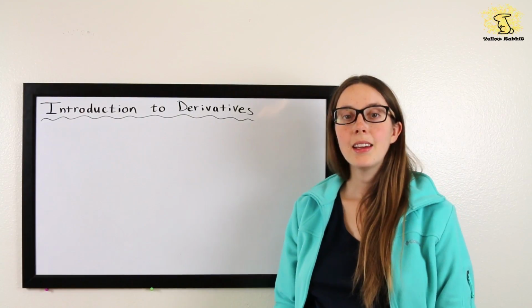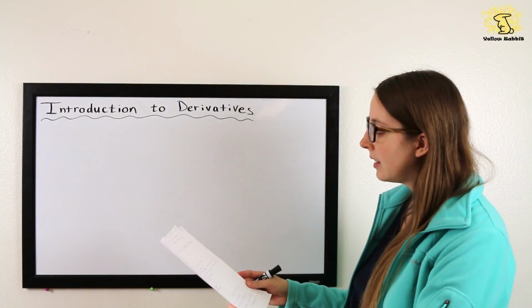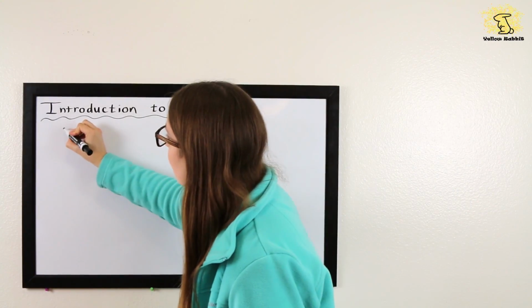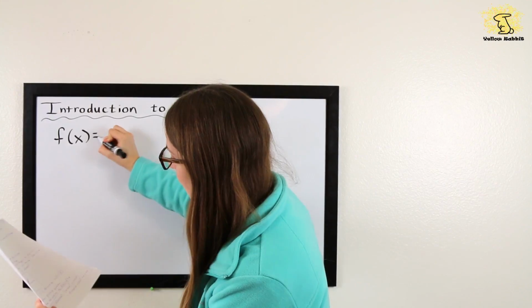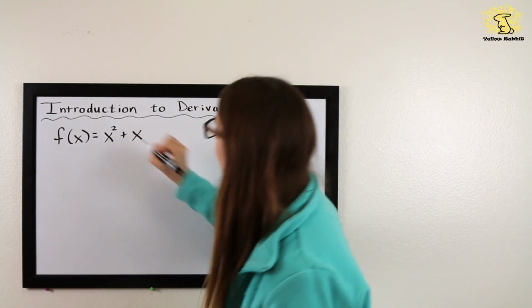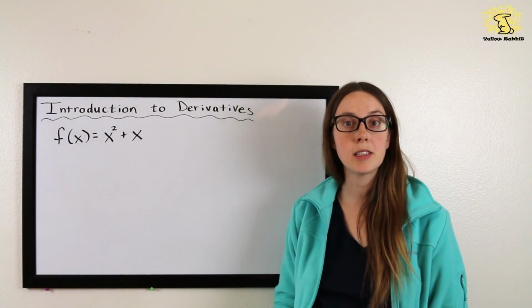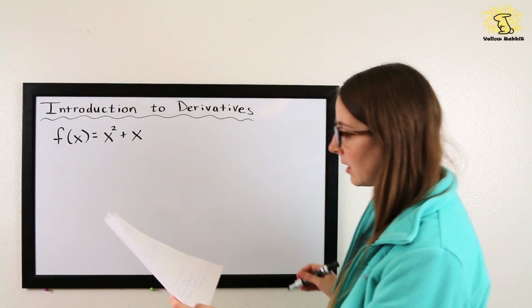Now let's do another practice problem to test this method again. Let's start with the function f of x equals x squared plus x. And let's find the derivative for this function.